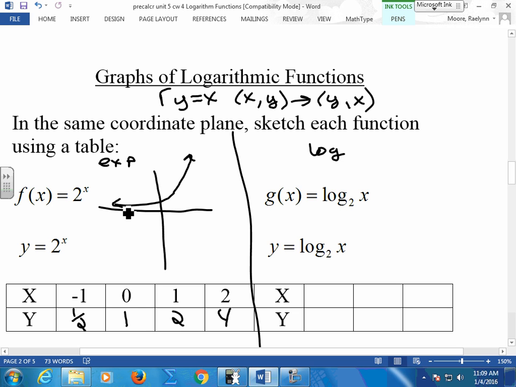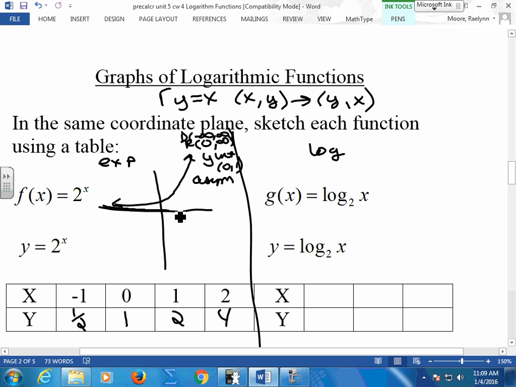And what did we say our domain was? All real numbers. What did we say our range was? 0, good. 0 to infinity. We had a y-intercept of 0, 1. And what was our natural asymptote here? Not x is 0.